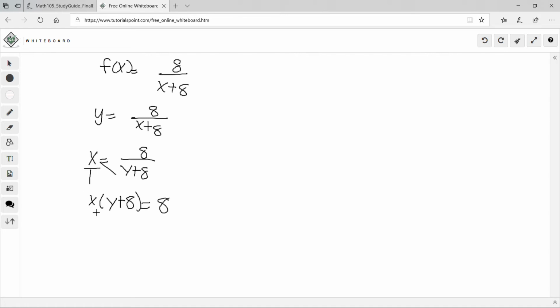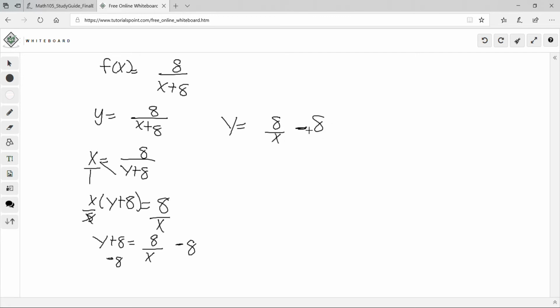So I want to solve for y, so I'm going to divide everything by x. So you get y plus 8 equals 8 over x, right? And then I'm going to subtract 8 from both sides, so you get y equals 8 over x minus 8.